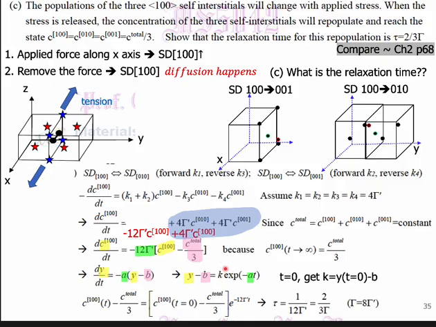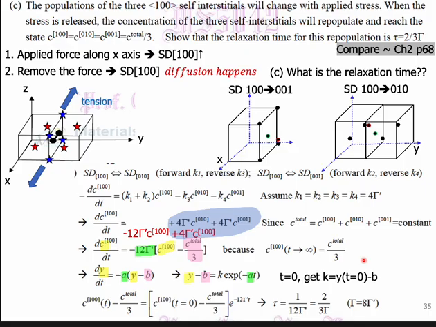So I need the boundary conditions. As long as T equals 0, then Y minus B at T equals 0 equals K. So I know the K here. And you can also double check that when T approaches infinity, you also get the C total.